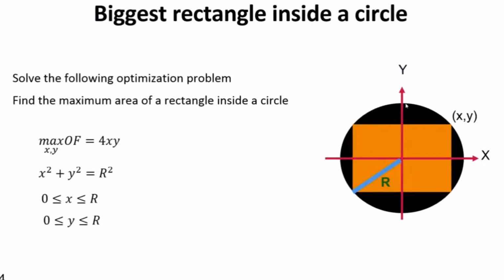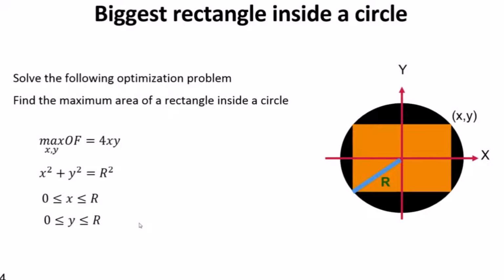Then we have a relation between x, y and r because they are all on the circle. Then x square plus y square is r square, and the other two constraints are given as follows: x is between 0 and r, y is between 0 and r.